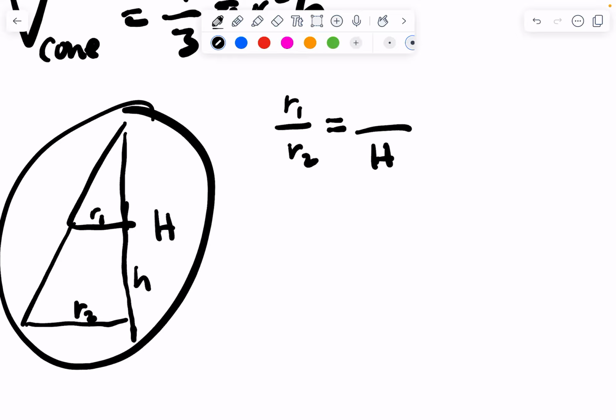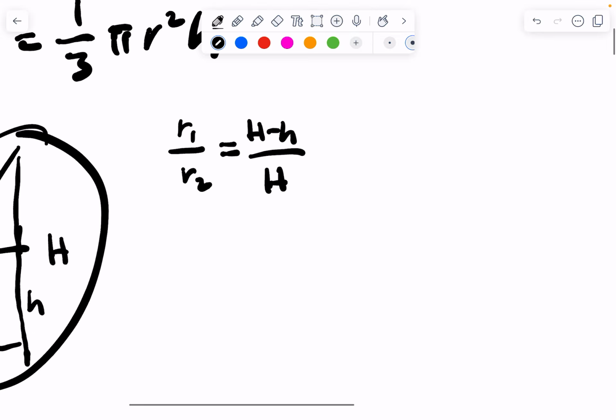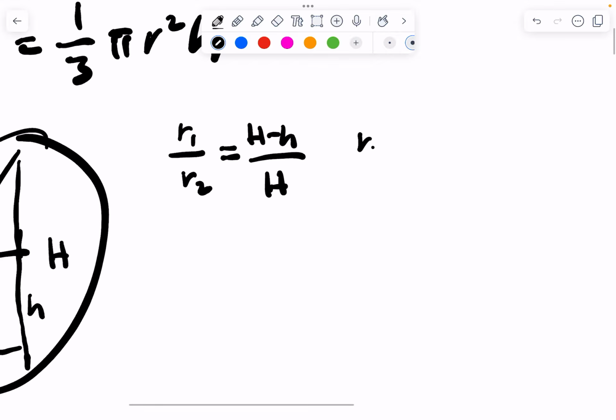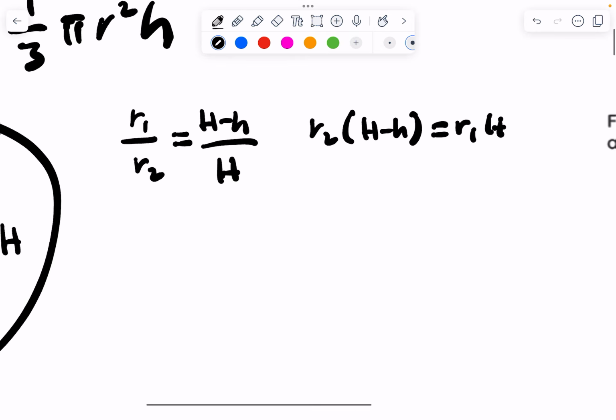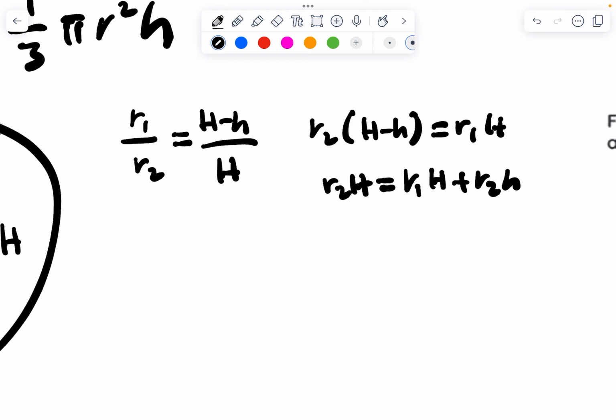So this will actually be H minus h. Then through some simplification, we get r2 times H minus h equals r1 H, and then r2 H equals r1 H plus r2 h.